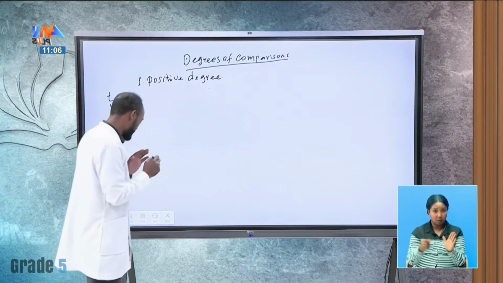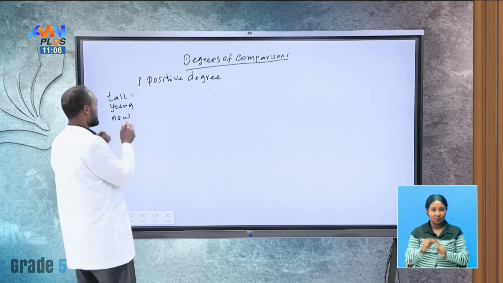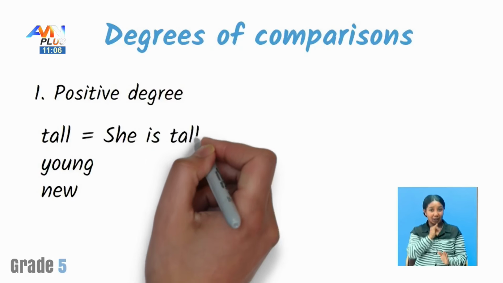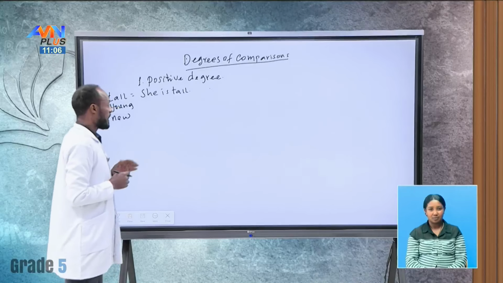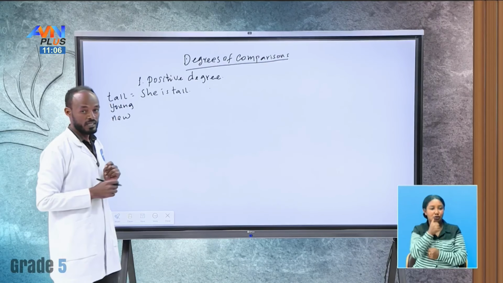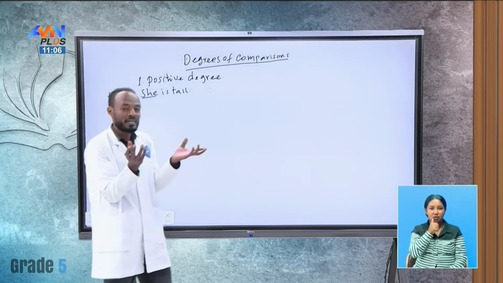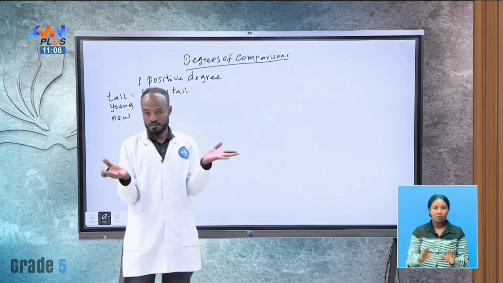For example, here we can make a sentence using these words. Example, she is tall. How many persons are here? We have only one person, okay? She. So we are not comparing she with another person or with another student.